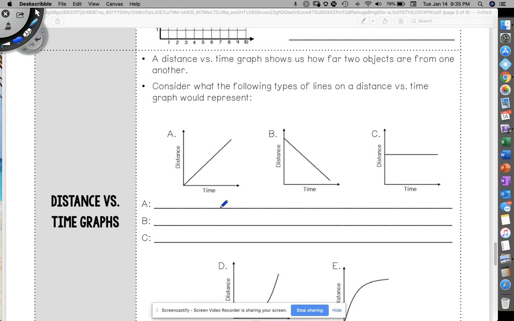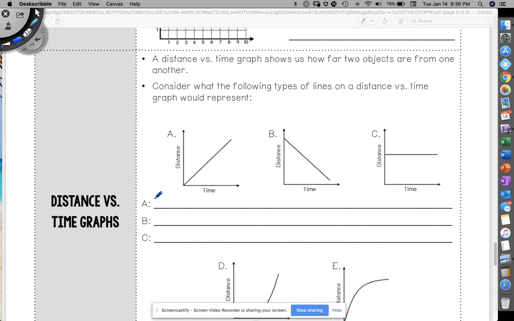So if you're looking at A, you're going to notice that we are moving at a constant speed. The reason it's moving at a constant speed is because it is a straight line, so it has an increase of the same amount each time during the time, and the distance is moving up, so it's moving away from the object.